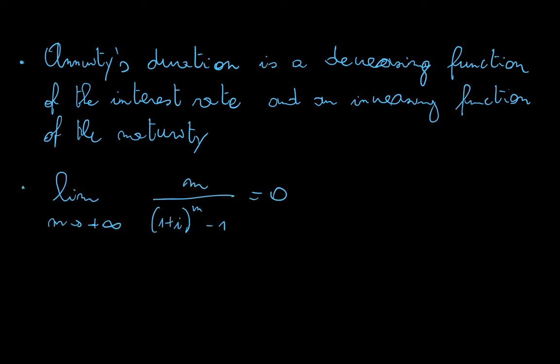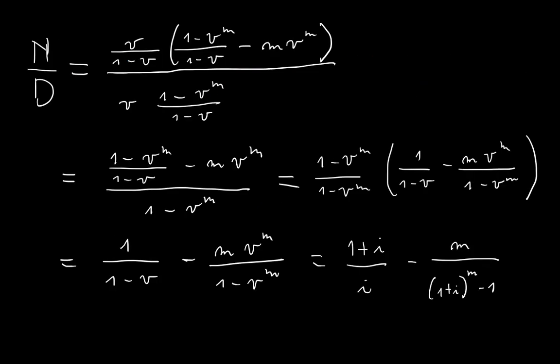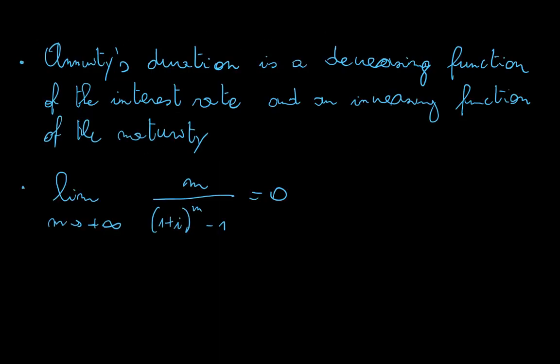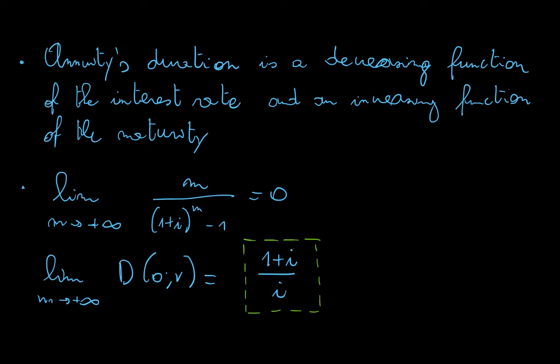Then we take the asymptote of the second term with respect to maturity m, and we see that this is 0 because m goes to infinity. Therefore, the asymptote of the duration for an annuity with constant payment r and constant interest rate I is this ratio, which is 1 plus I over I.